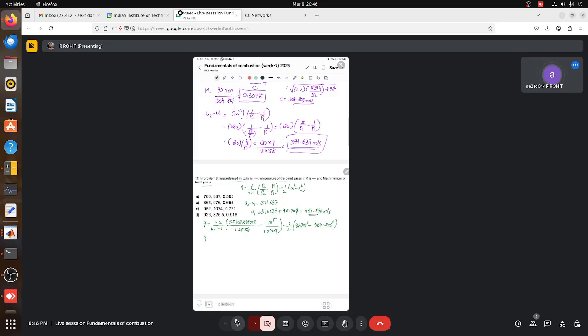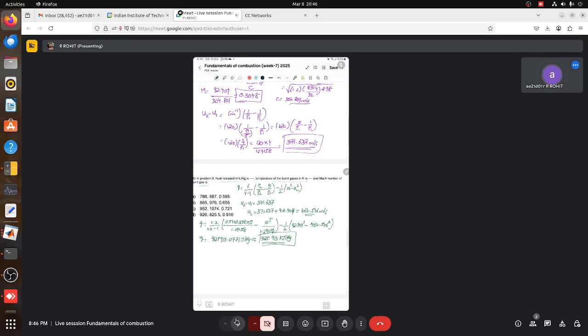So your Q value will be 925,913.0971 joule per kg, which is approximately 925.913 kilojoule per kg. So this is the heat released in kilojoule per kg.